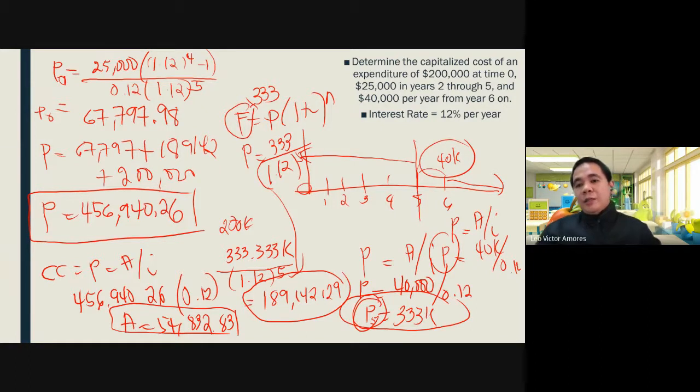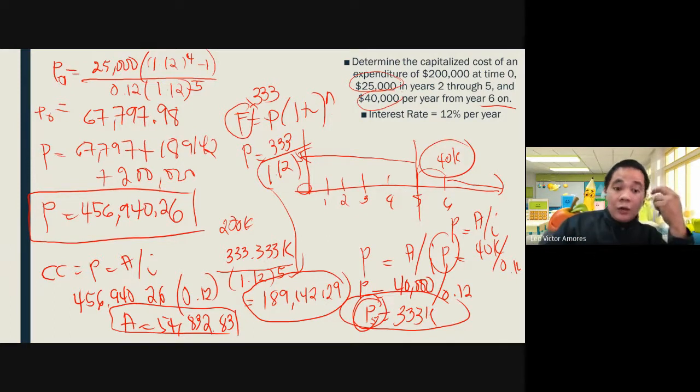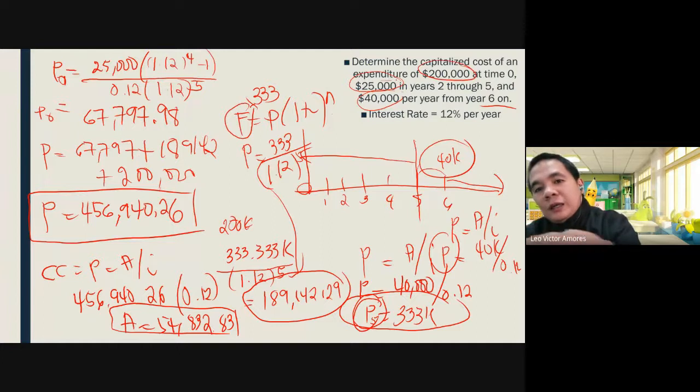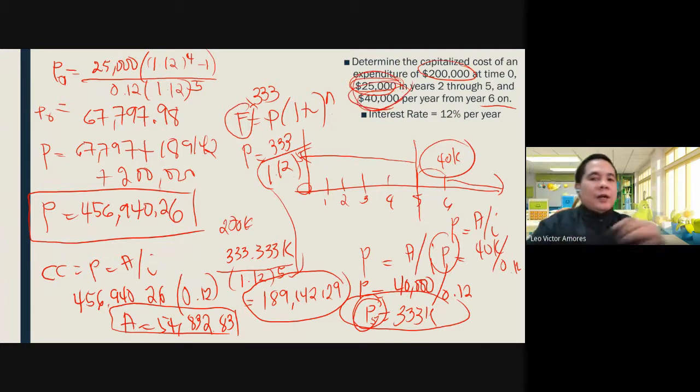All of your payments, the 200,000, the 25K, the 40K until the end of your lifetime, are equivalent on a yearly basis to 54,832.83 as the annuity the government pays. They do not borrow it all at one time in a year; they amortize it for the next 100 years or so. Question.